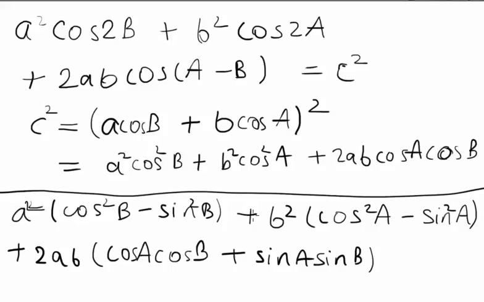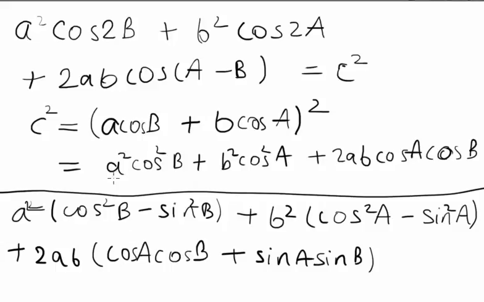So just to contrast, we have the right hand side here, and the left hand side here. So let's see if we have anything in common. I think it must be obvious to you that we have a lot in common. In fact, you'll notice that all of the terms in the right hand side are present on the left hand side.